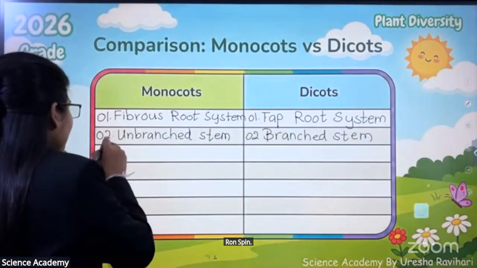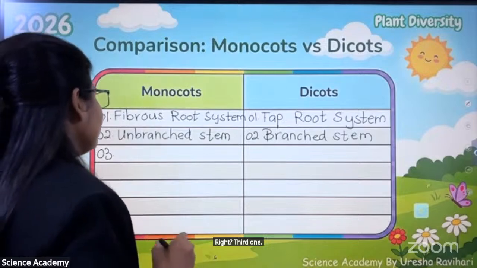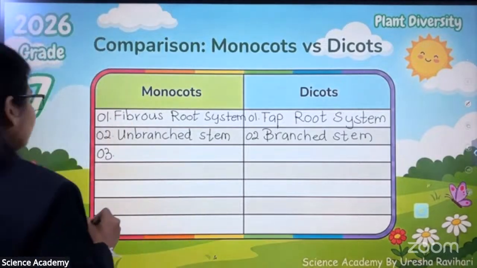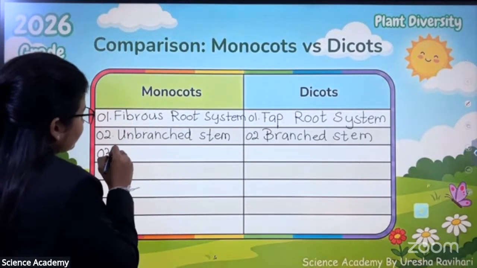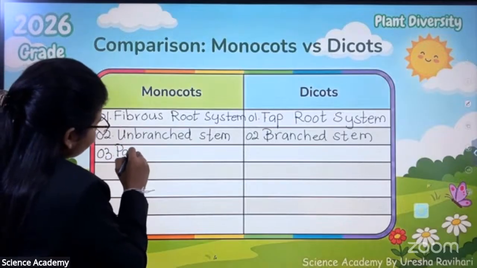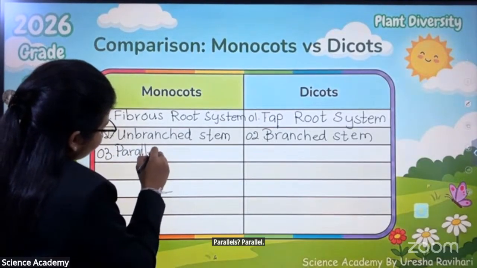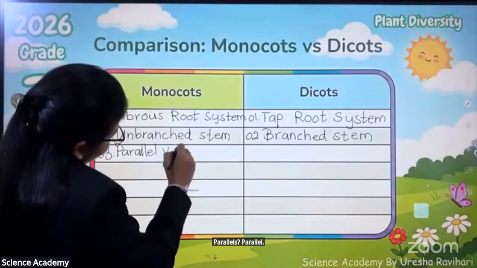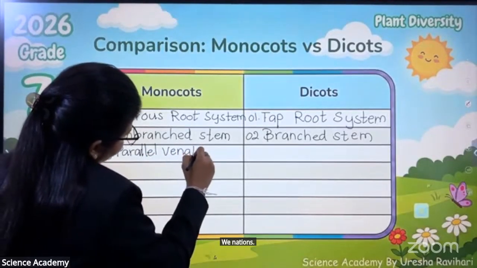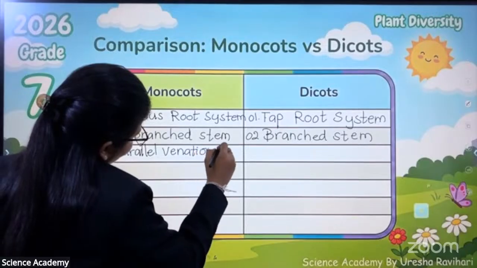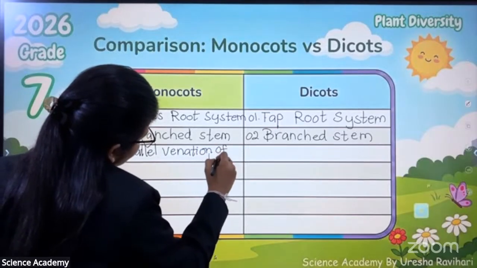Third one: monocots have parallel venation of leaves.